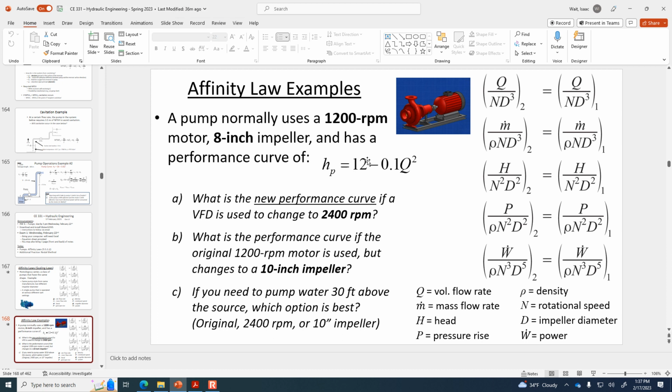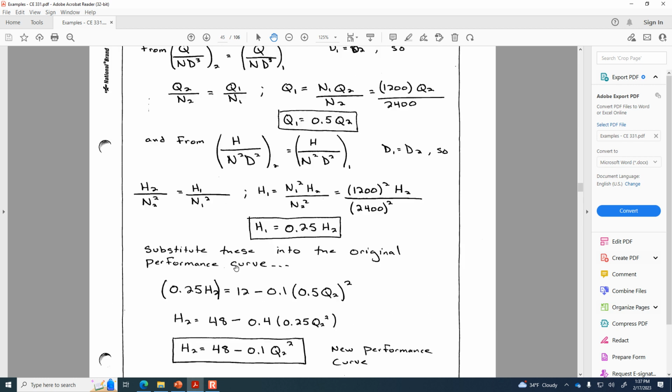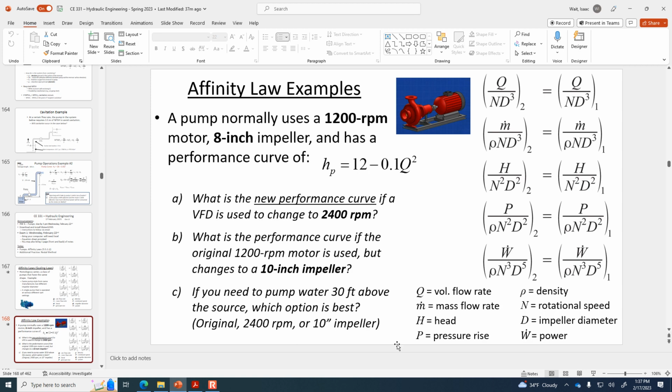So the original pump couldn't lift water that high, and in fact neither could the 10-inch impeller diameter change, because that can only lift water 18 feet. But if we operate the pump at double the rotational rate, that takes our cutoff head to 48 feet. So we could lift water that 30-foot requirement with the faster rotational rate. All right. So those are the scaling laws. Any questions about the example before we move on?